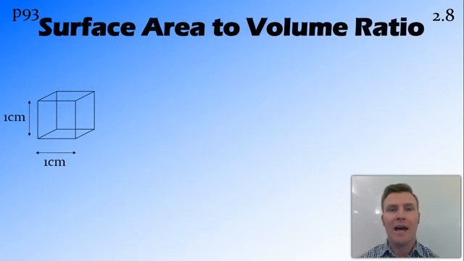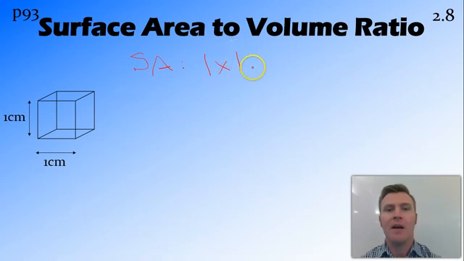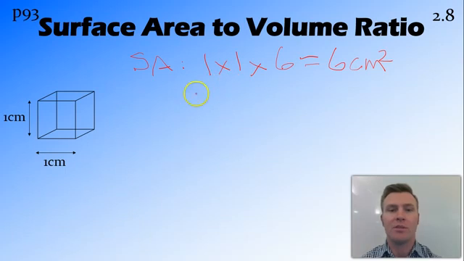So let's have a look at some examples of this surface area and volume, and then we can put them into a ratio. Firstly, we have a cube here which has sides that are 1 centimeter, 1 centimeter, 1 centimeter. They're all 1 centimeter. It's a cube. So to work out the surface area, we get the sides of the cube, so that is 1 times 1. And there are 6 sides of the cube, so we times that all by 6, giving us a surface area of 6 centimeters squared.